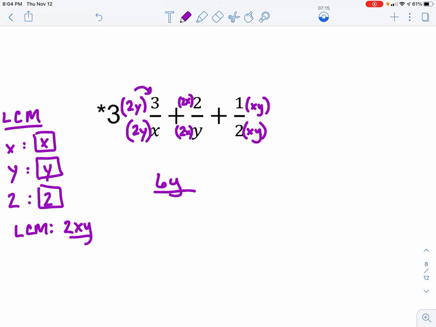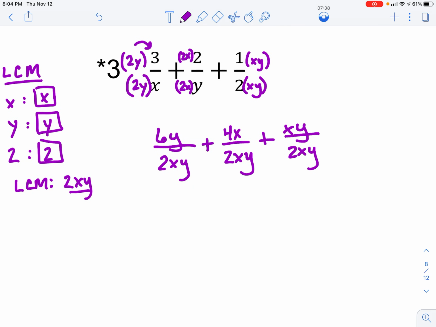I'm just going to write out each fraction separately first until we get all of these numerators re-expressed. But I do have 2xy as a denominator, plus 4x over 2xy, plus xy over 2xy.